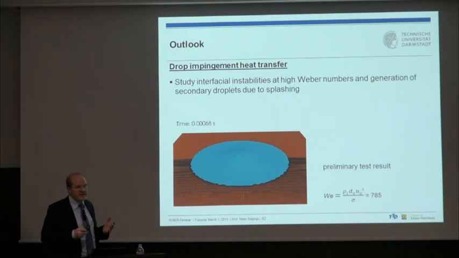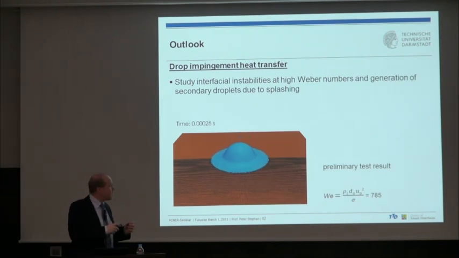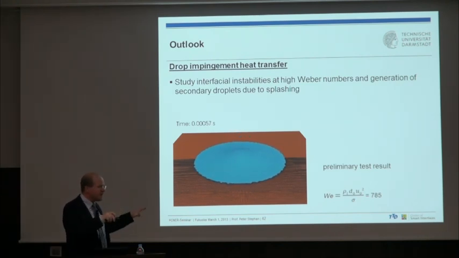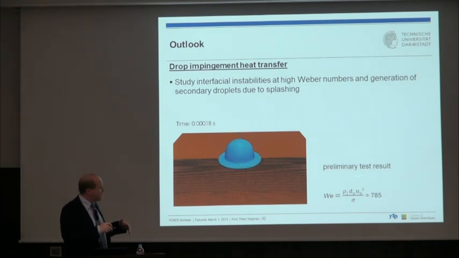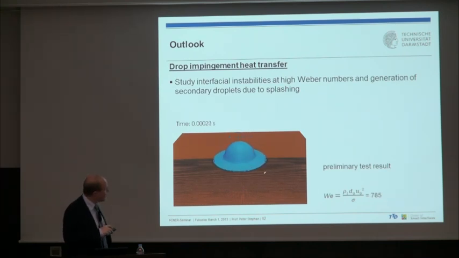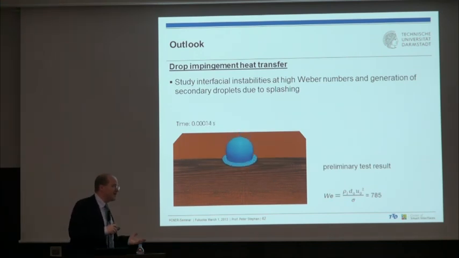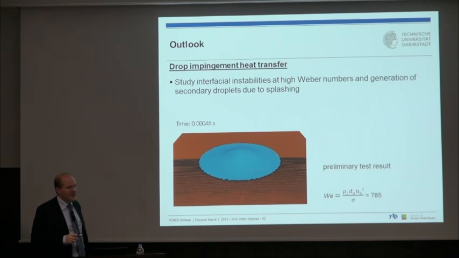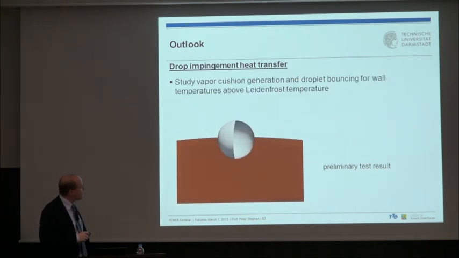Of course, these instabilities form first fingering, and then at even higher Weber numbers, splashing of droplets, so you get secondary droplets. But this is very difficult to compute, and we are not even sure if this, at high Weber numbers due to the high forces that you have here, inertia forces, is more a numerical instability or a real instability. We don't know, but we will go on with these studies.